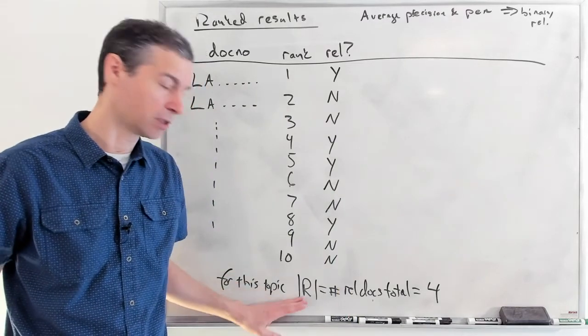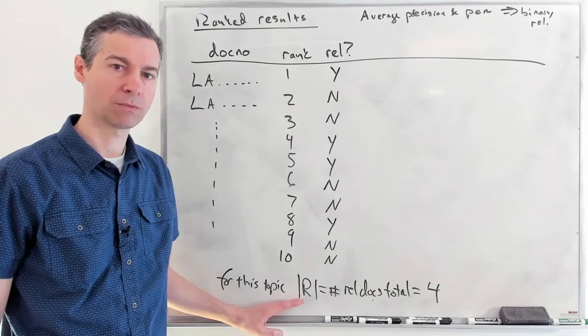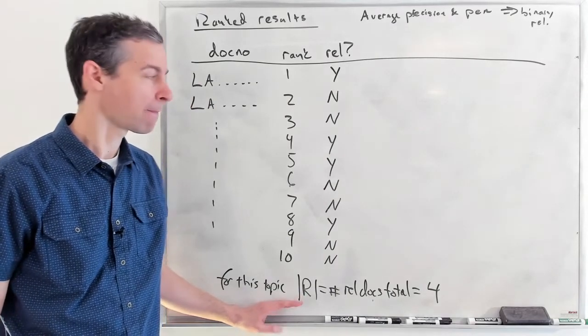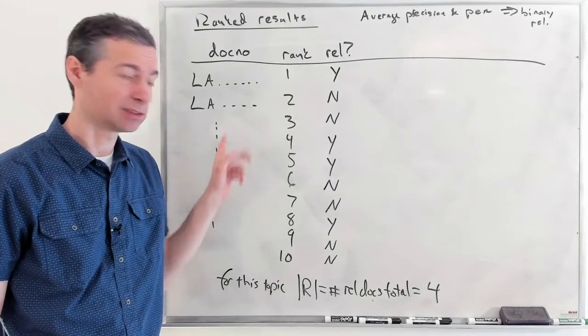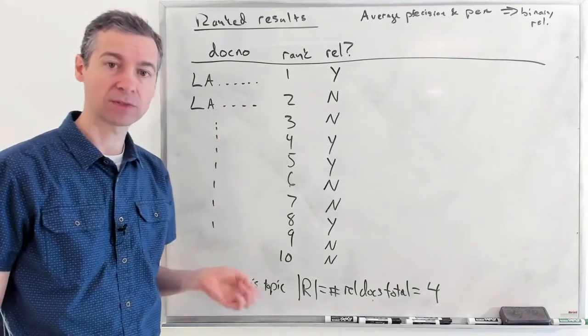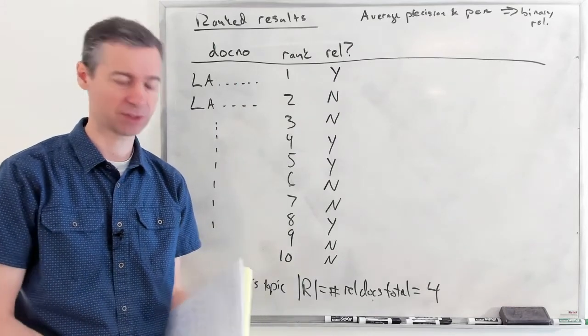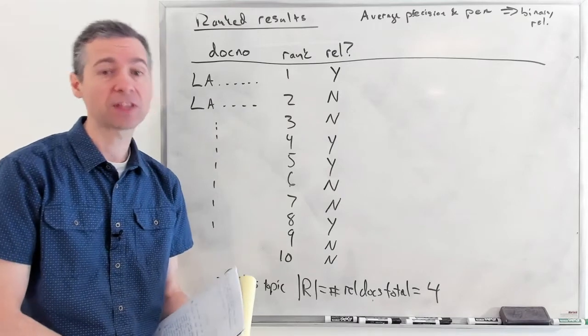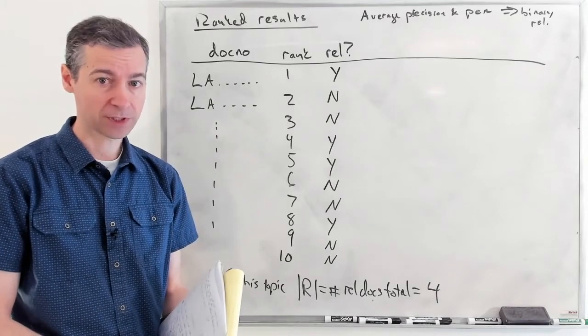Now, I want to really point this out to you. This is where a huge number of students get confused. They look at their results file, and they've got, say, 1,000 results for this topic. And they count up the number of relevant documents there. And they think that is the number of relevant documents for the topic.